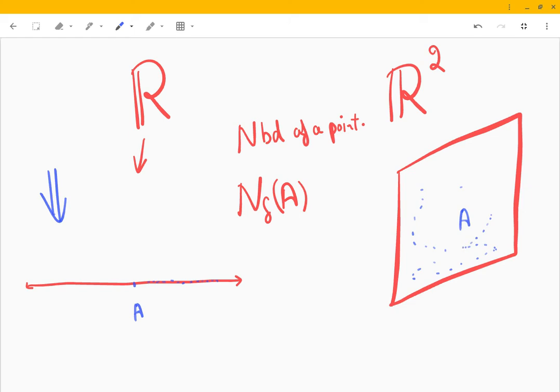So, what do we mean by neighborhood of a point? I'll stick to the one dimensional line now. Delta. What is delta? Delta is a real number greater than zero. That's it. Infinitesimally small, as they call it, so it is smaller than the smallest number you can think of. And what we do is, from the point A, we move left and right.